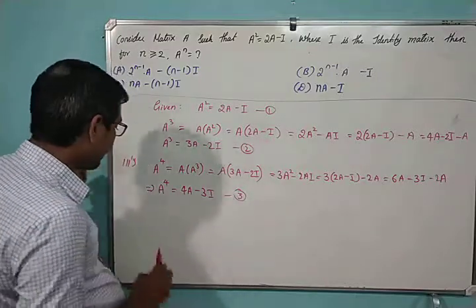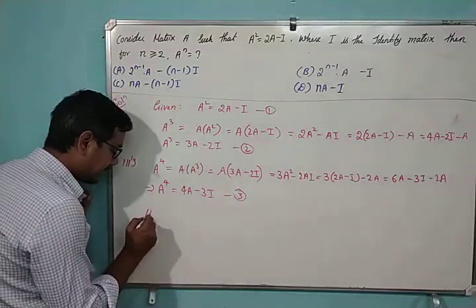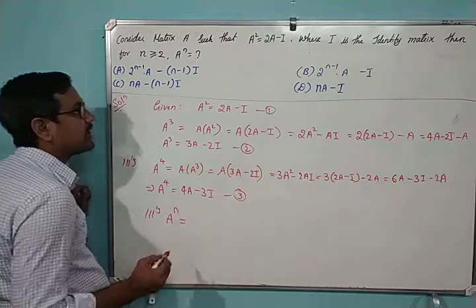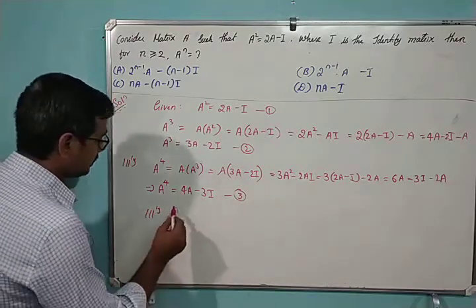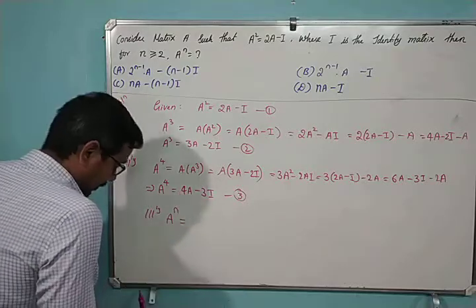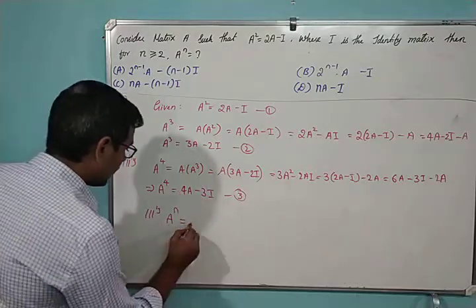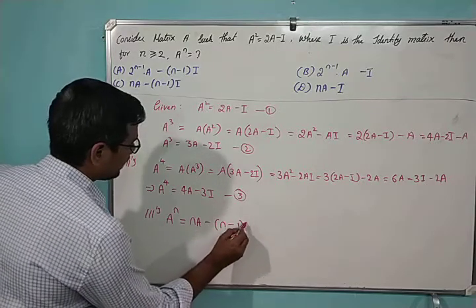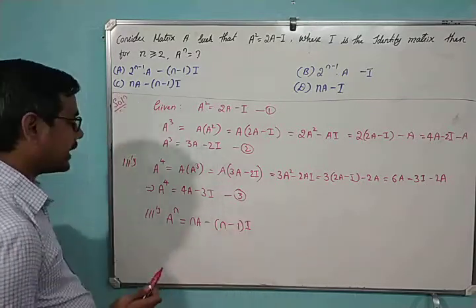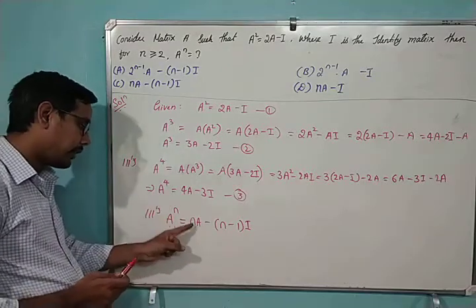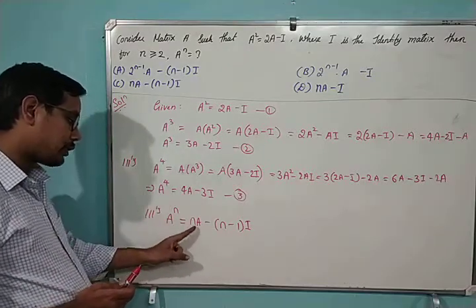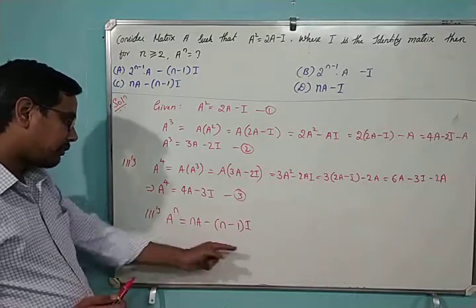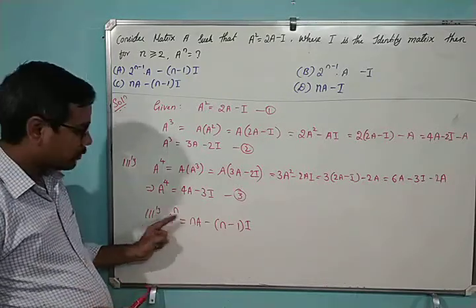So similarly, I can write A to the power n as n into A minus n minus 1 into I. The coefficient of A will be the power, so nA, and the coefficient of I will be 1 less than this power, so n minus 1.